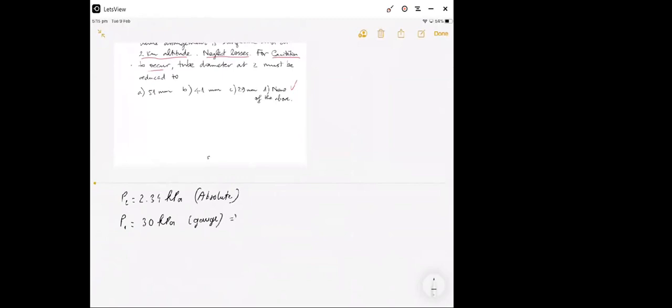So P1 will be equal to 30 plus atmospheric pressure at 2 kilometer altitude, because everything is placed at 2 kilometer altitude.